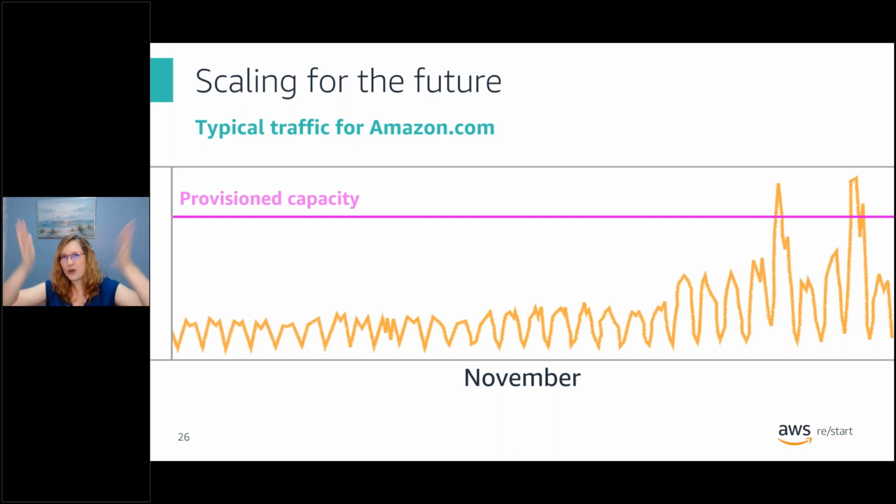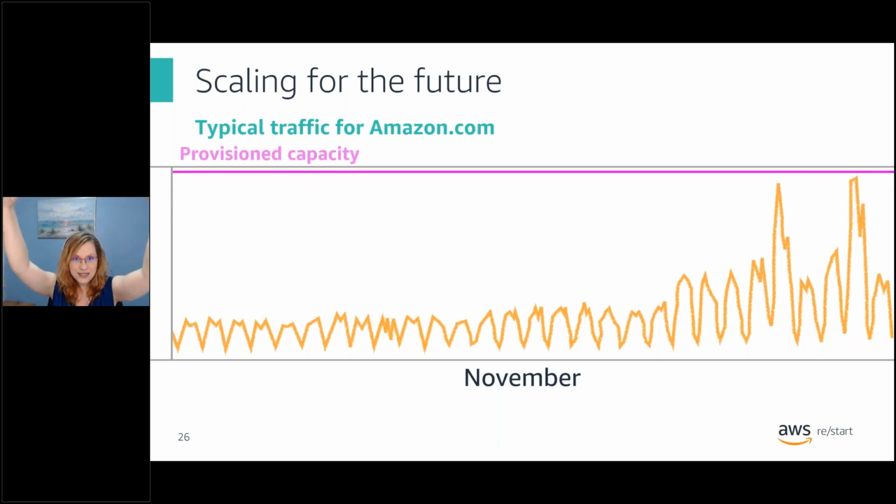These spikes that go way beyond our normal traffic. Well, when using provisioned capacity alone, I now have to move my provisioned capacity up to handle the highest spike that I can imagine, which means that for the majority of the year, I'm only actually using maybe a quarter of the actual provisioned capacity.